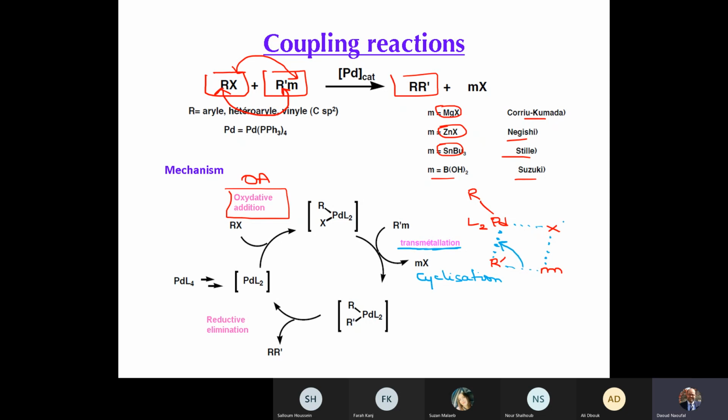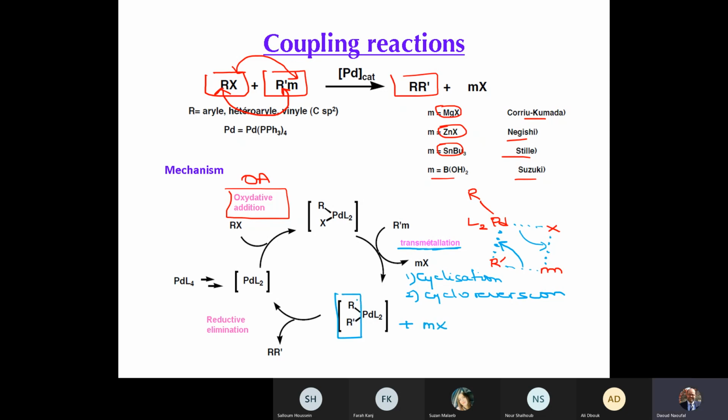This is first cyclization, second cycloreversion, and we obtain R PdL2 R prime, plus MX. So we have MX released.